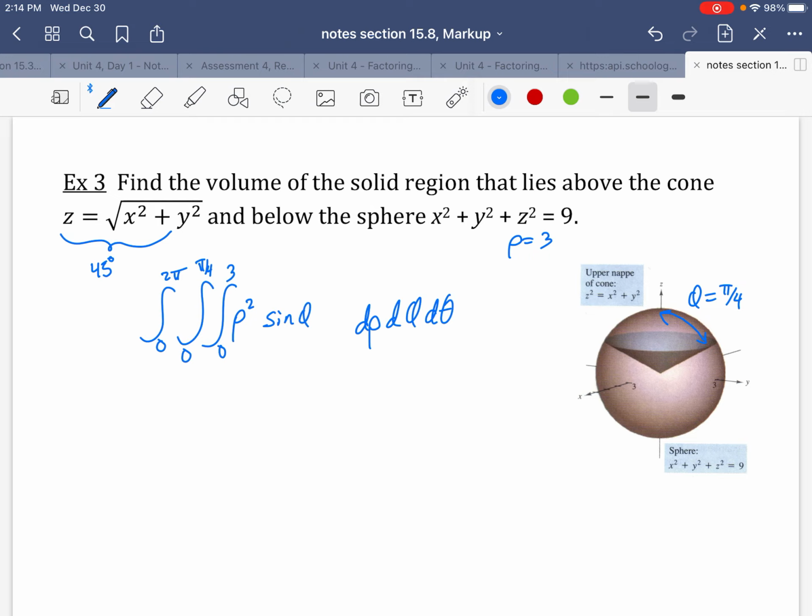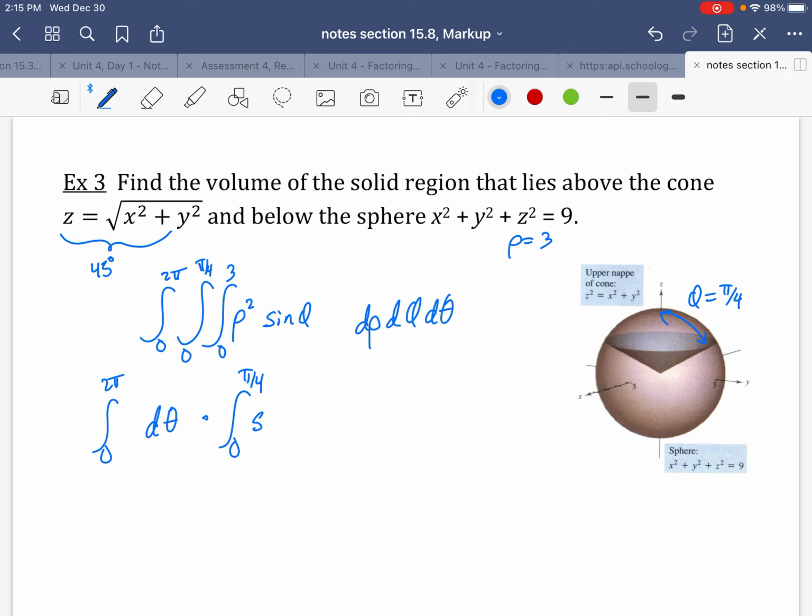I mean, the answer is pretty much just like we did before. I'll go ahead and evaluate it out, but it's going to be pretty simple. So anyway, we're going to have 0 to 2 pi, and we have no theta here, so that's going to be d theta times 0 to pi over 4.